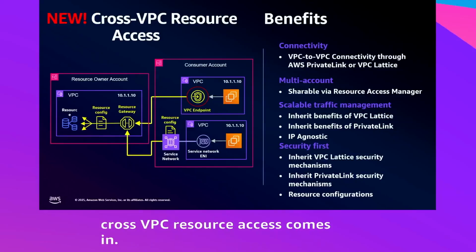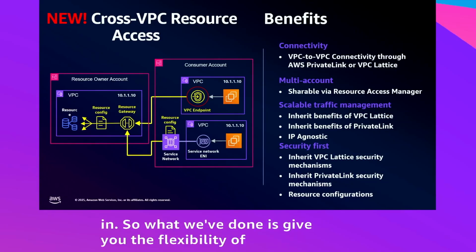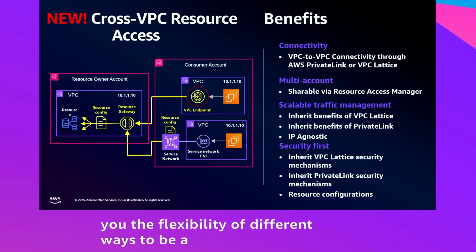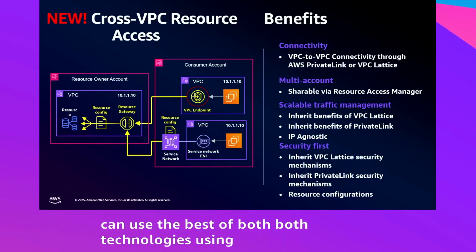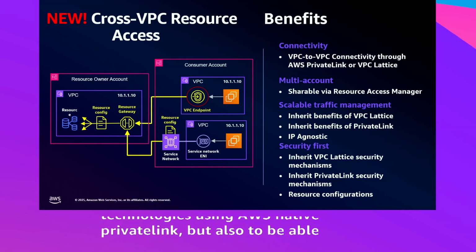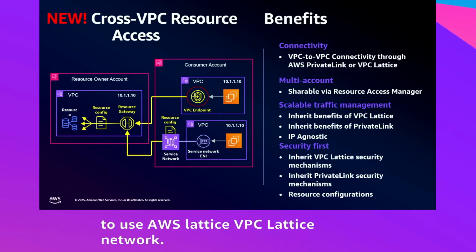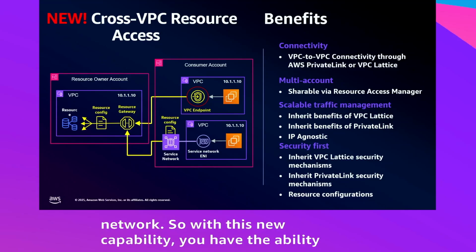So what we've done is give you the flexibility of different ways to be a consumer. So you can use the best of both technologies, using AWS native PrivateLink, but also using the AWS VPC Lattice network. So with this new capability, you have the ability to connect to different types of resources.